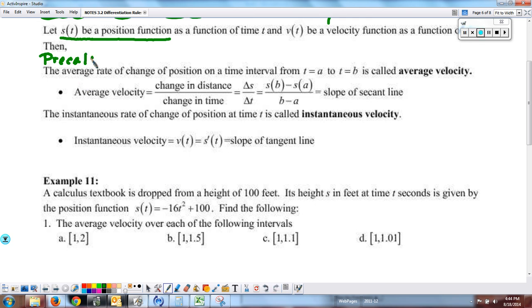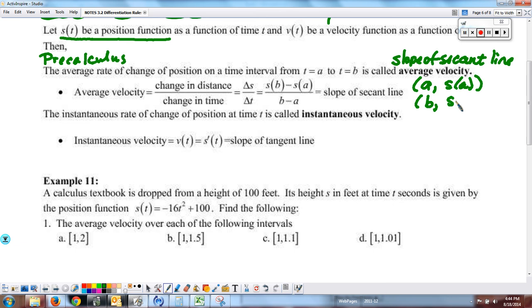So in pre-calculus, the average rate of change is nothing more than the slope of the secant line. The slope of the secant line requires 2 points in order to calculate it. So we have our point A, s of A, which gives us the time and the position, and then we have our point B, s of B, which gives us our second point.